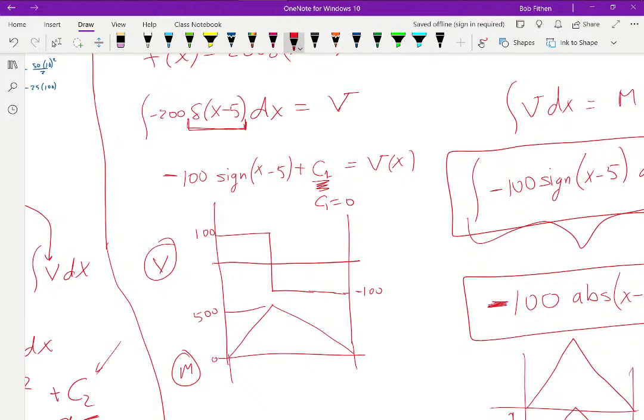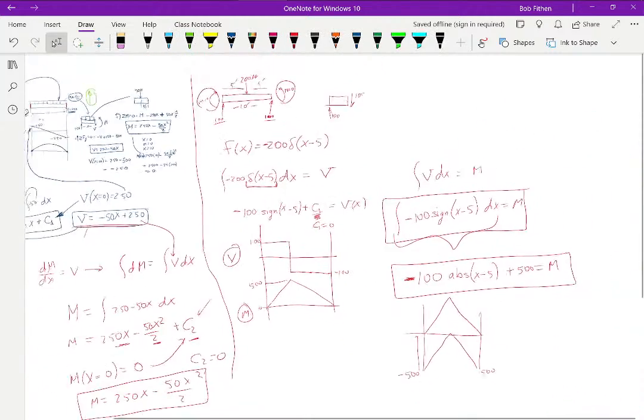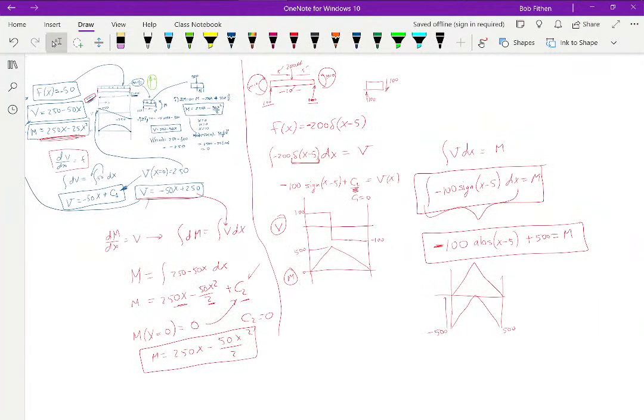It turns out there are other things you can do as well. Let's move across and do one more thing, and then we'll call this to a close. Now all I'm doing here is doing shear and moment diagrams. This is not necessary for the course you're in now, but I find it kind of instructive to use MATLAB to at least show you that you can do this in MATLAB.